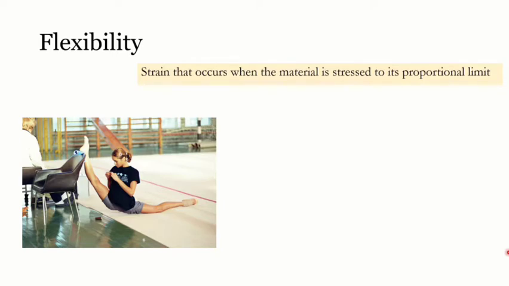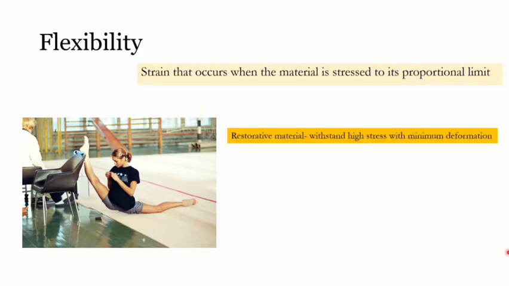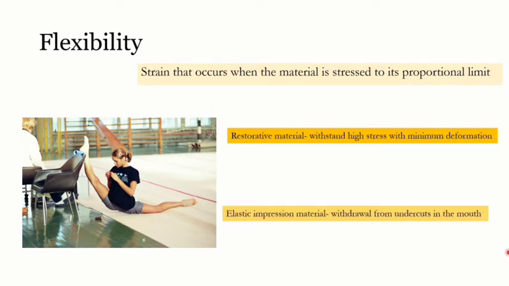Now, flexibility or maximum flexibility is the strain that is produced in a material when that particular material is stressed to its proportional limit. The importance of this property comes in a restorative material. A restorative material, especially in the posterior teeth, has to withstand high stress, especially the masticatory stress, while undergoing minimum permanent or plastic deformation.